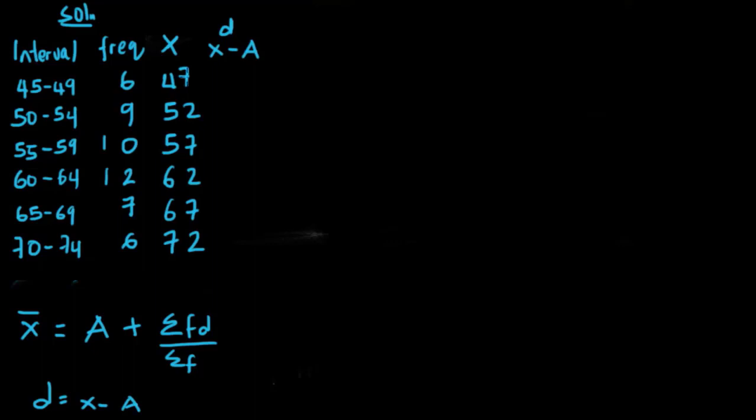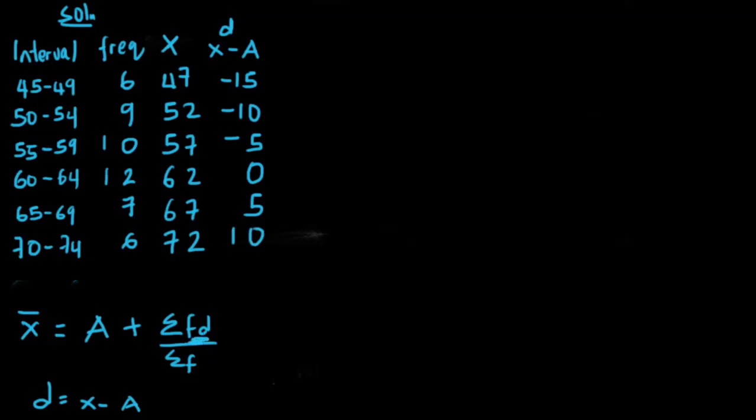So x minus a will be 47 minus 62, which should give us minus 15. 52 minus 62 should give us minus 10. 57 minus 62 should give us minus 5. 62 minus 62 should give us 0. 67 minus 62 should give us 5. 72 minus 62 should give us 10. Do you get this?